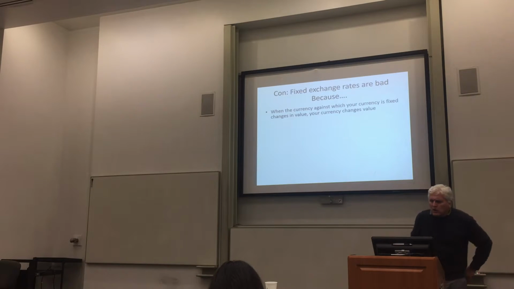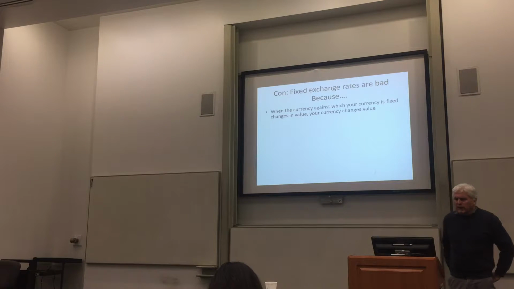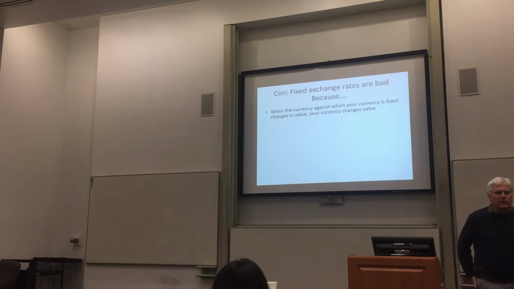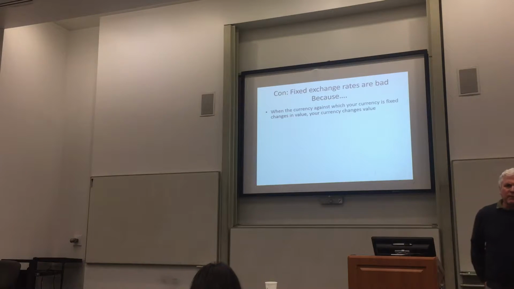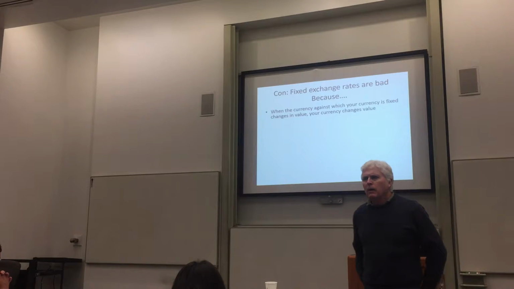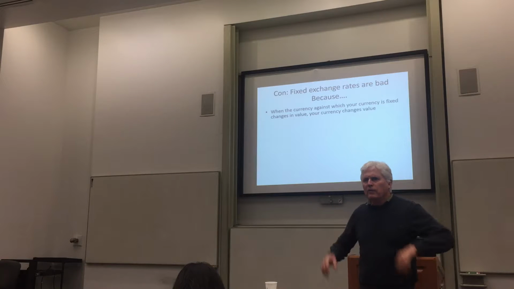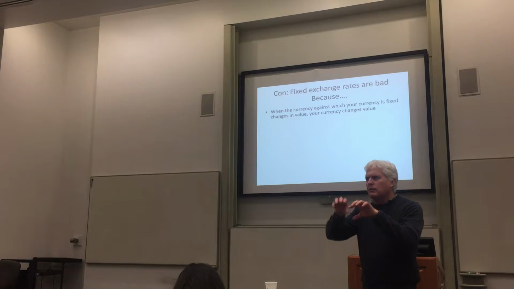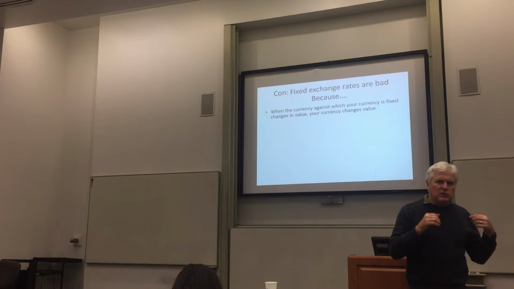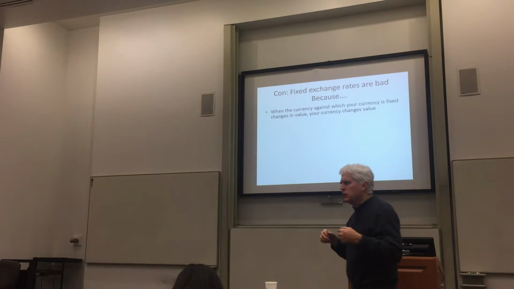One is that when you fix your currency against another currency, and that currency changes in value, your currency changes in value. So I talked to you before the break about the problem in Argentina in the very early 2000s, when they fixed their currency against the dollar and the dollar appreciated. A more modern example of that is being seen today in the Eurozone.